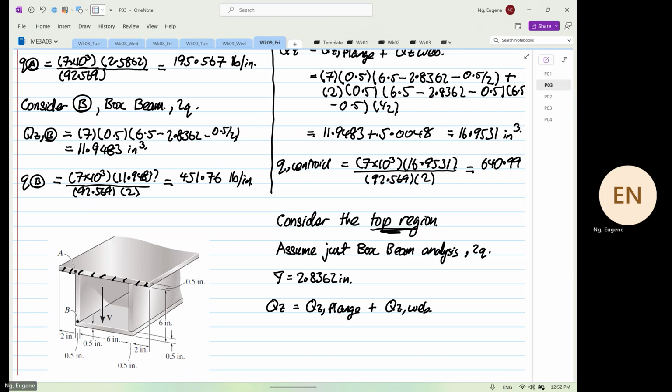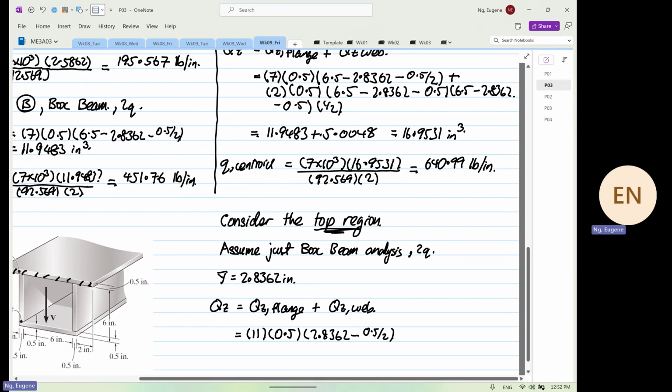The width is 2 plus 2 is 4, plus 0.5 is 5, plus 6 is 11. The width is 0.5. Y bar is equal to 2.8362 minus 0.5 divided by 2.